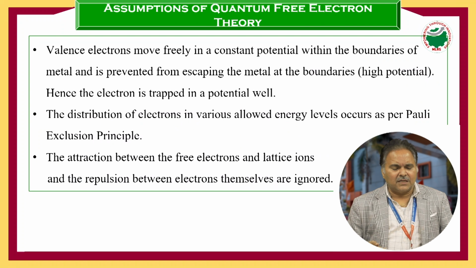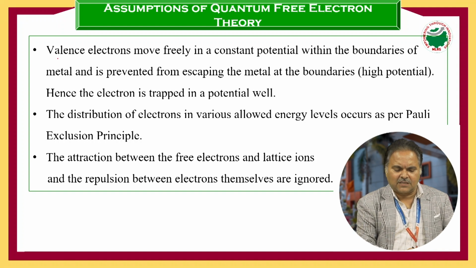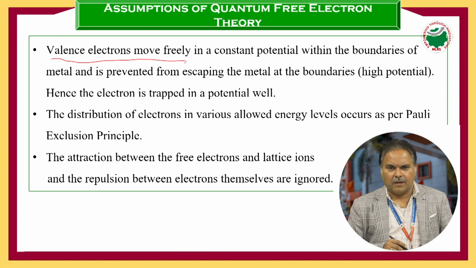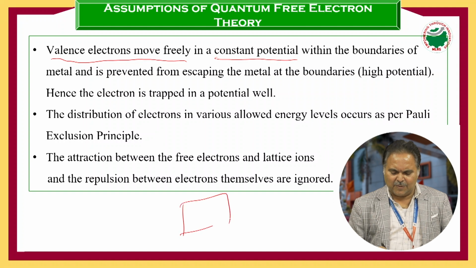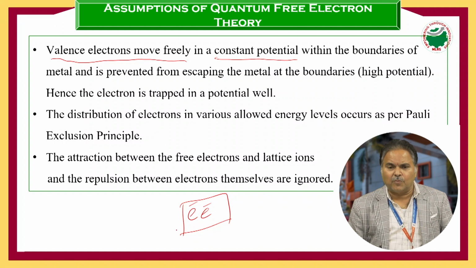In quantum mechanics, once again there are some assumptions. Whatever theory you are making, you need some assumptions. In quantum free electron theory, the assumptions are that the valence electrons move freely, but at a constant potential within the boundaries. If the lattice is like this, that means the material is like this, the electrons move at a constant potential within this boundary.